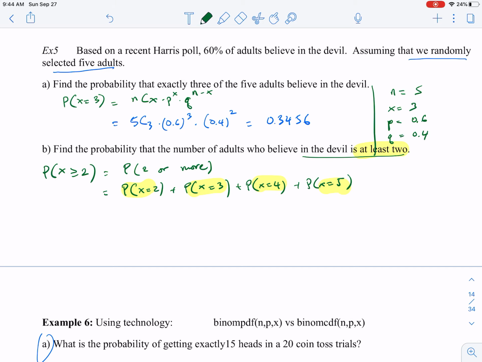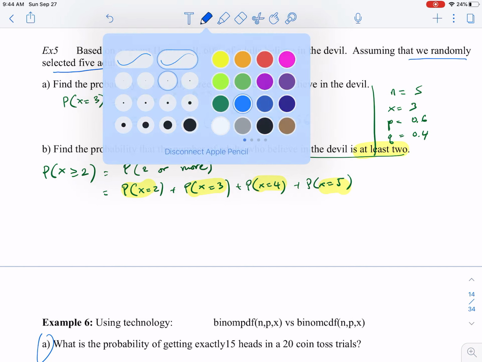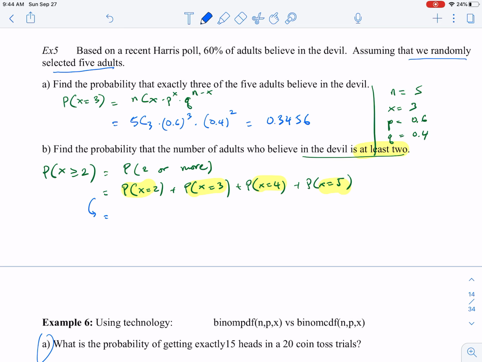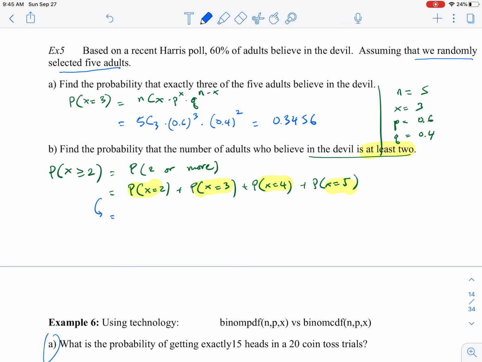We had this rule from the previous chapter, and it's called the complement rule. Remember the complement rule of probability. That's saying that P of A plus P of A bar is equal to 1, and we can modify this by saying that 1 minus P of A bar is equal to P of A, right? So that's another alternative formula from P of A plus P of A bar equals 1.